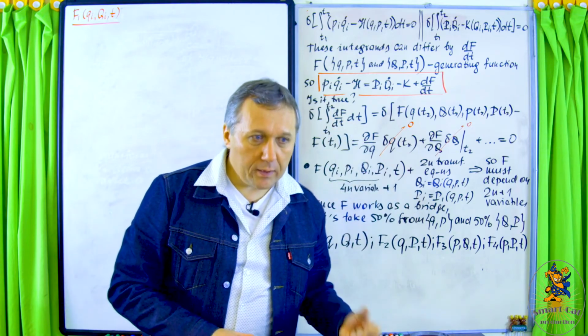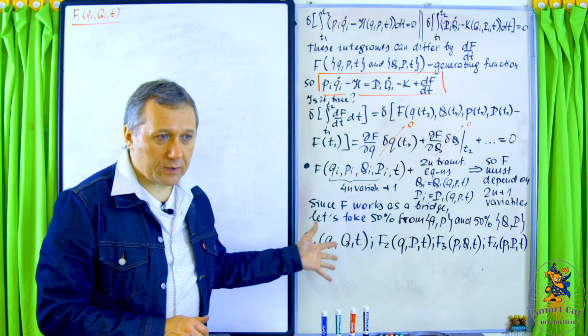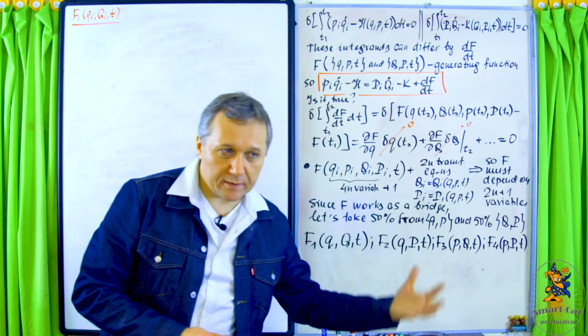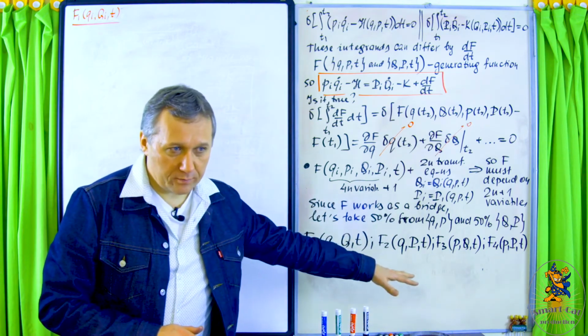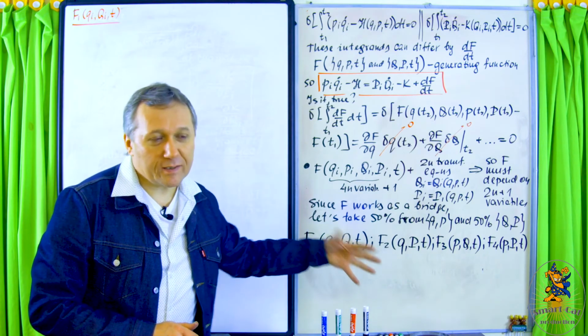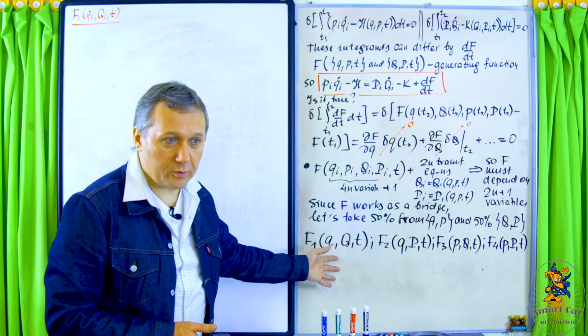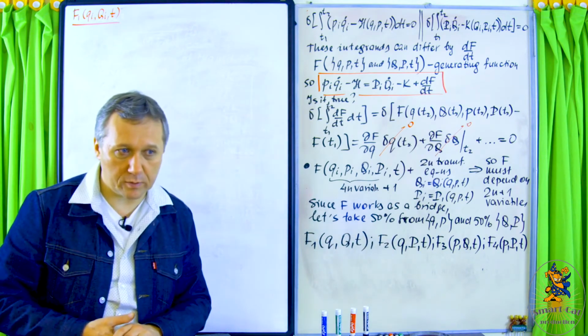These functions will lead us to canonical transformation, and any of these functions you can use to get exactly the same transformation equations. Sometimes one function can be easier to use, sometimes another, so it depends on the situation, on the problem.